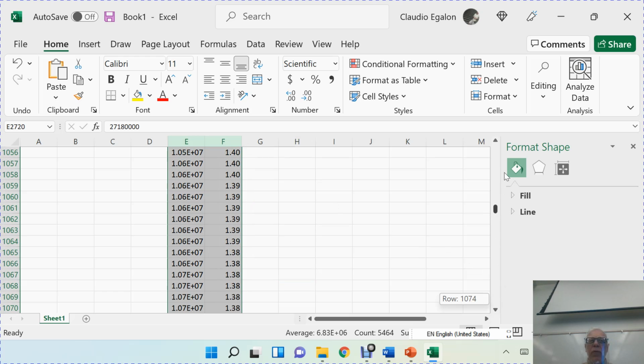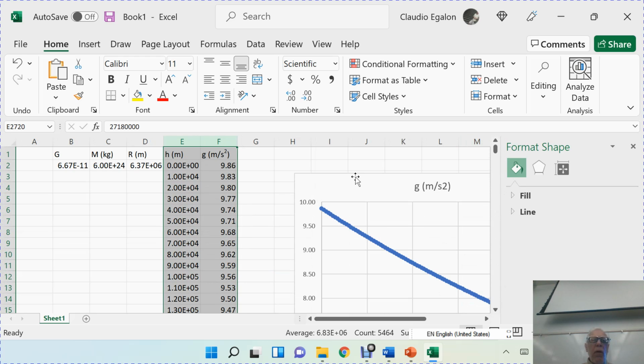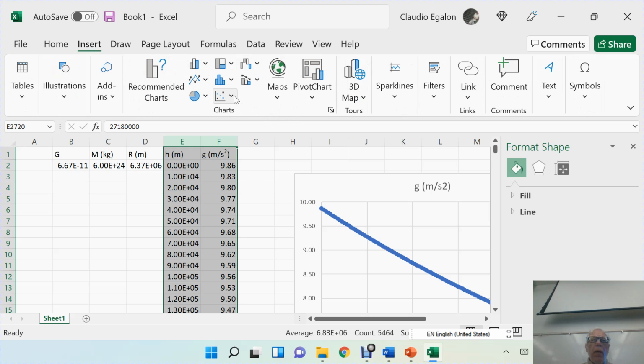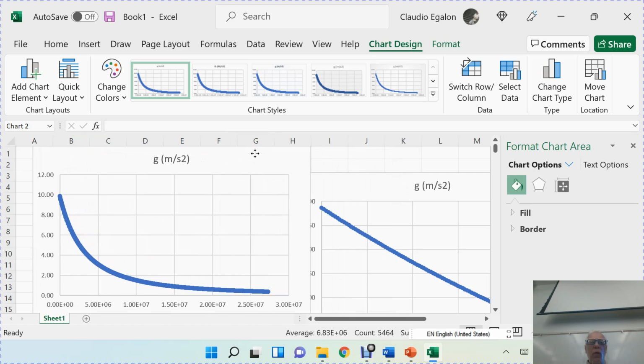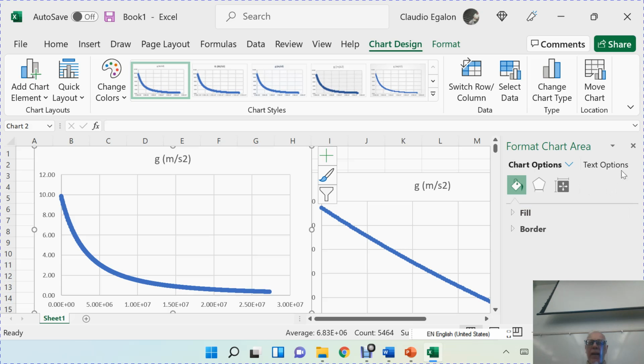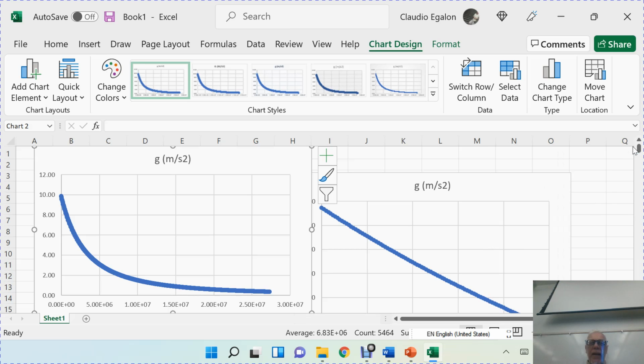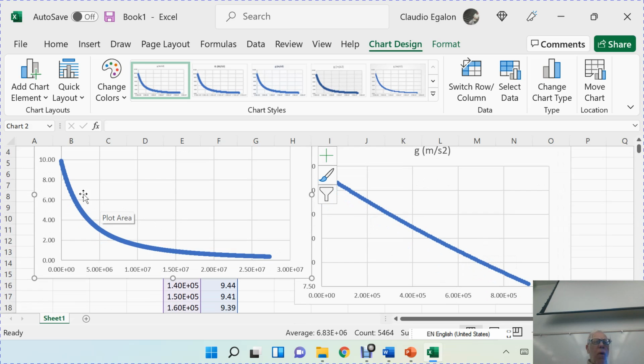Hopefully we'll be able to see the curvature in the graph now. Yeah, now you see the curvature, right? It's decreasing. This is the square of the distance. In the previous graph, it looks like a straight line because we are getting just a small section of this graph right in here, right?